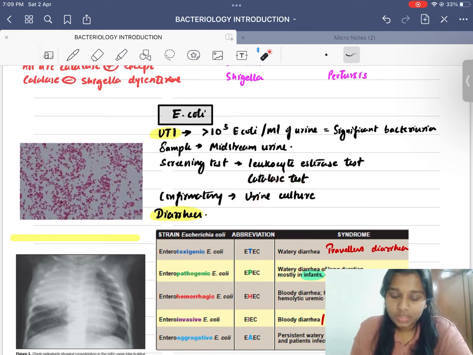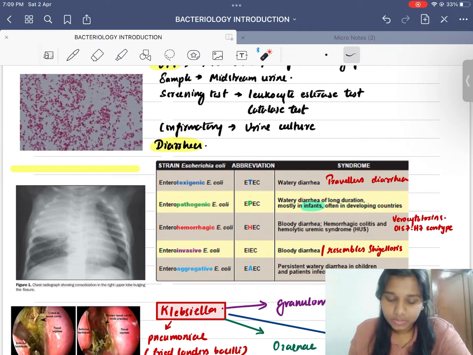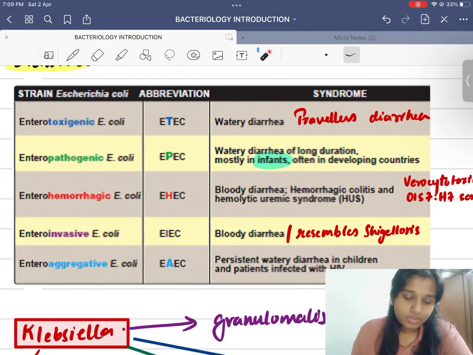Now, E. coli can also cause diarrhea. Now, there are types of E. coli: enterotoxigenic, enteropathogenic, enterohemorrhagic, enteroinvasive, and enteroaggregative.